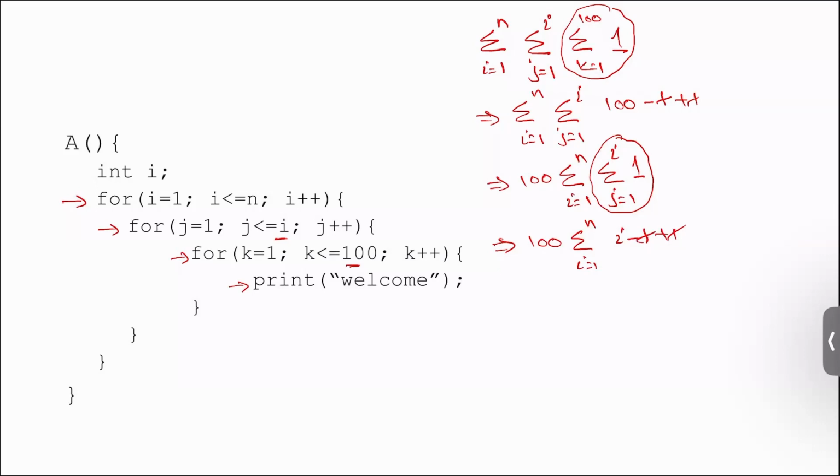Now let me rewrite it so that we can solve it once again: i going from 1 to n of i. This i is not constant with respect to the outer i. It is a variable, so we cannot move it out of the summation now. If this is the scenario, what do we have to do? We have a summation formula for that.